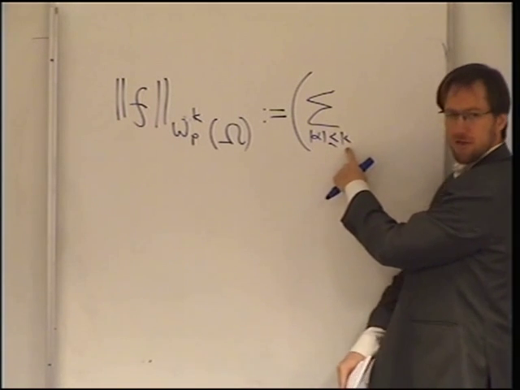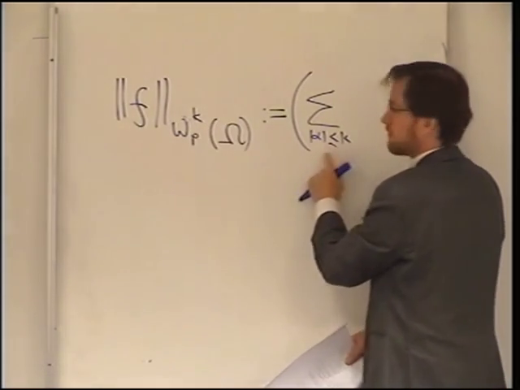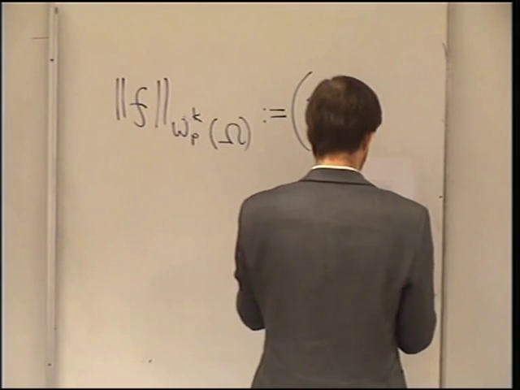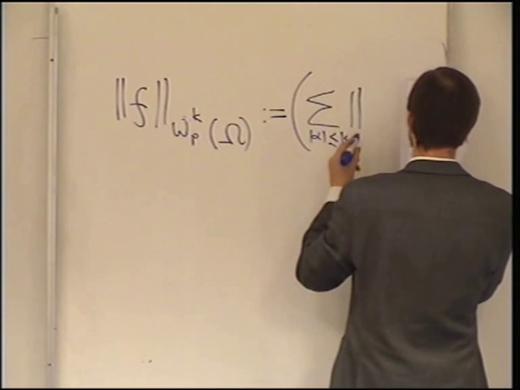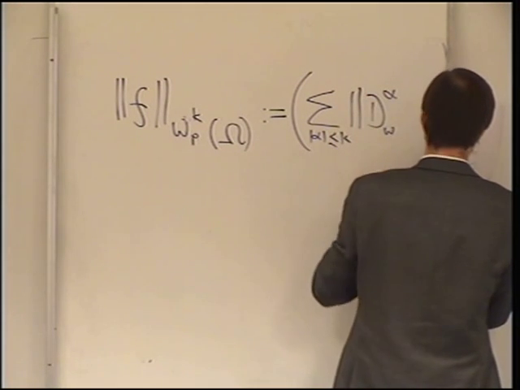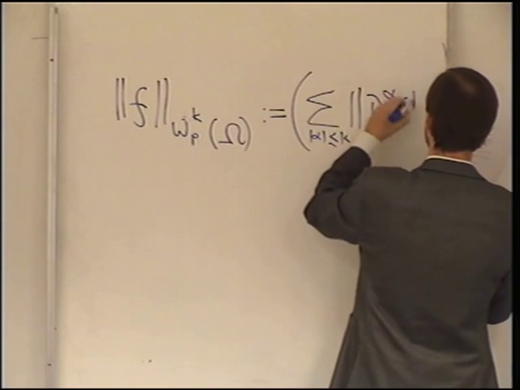This means kth partial derivatives. So W^{k,p} means kth partial derivatives. We take the absolute value of the weak derivative alpha of f.